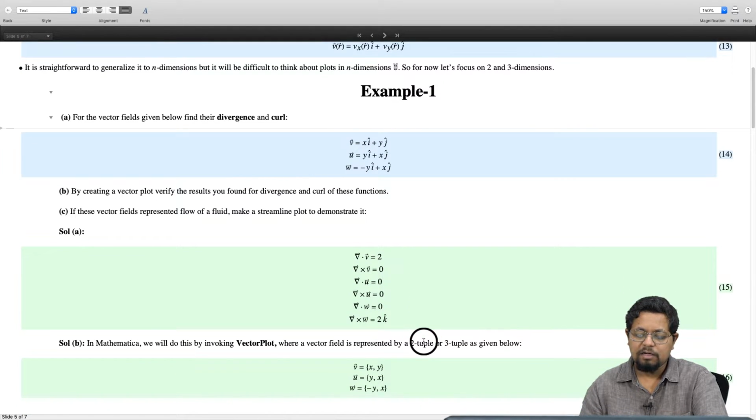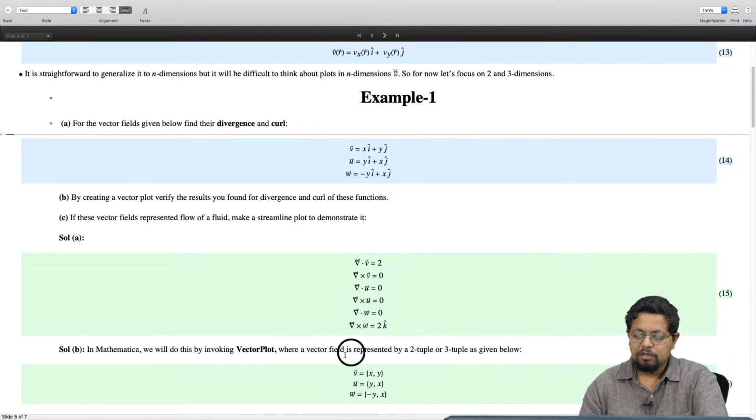So in Mathematica, in order to plot this, we'll invoke a function called VectorPlot. To do so, we'll need to represent the vector field as a 2-tuple or a 3-tuple, depending on whether we are working in 2 dimensions or 3 dimensions. In this case, my vector fields are {x, y}, {y, x} and {-y, x} in curly brackets.